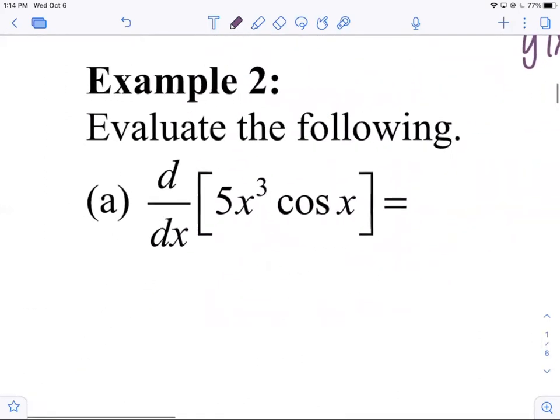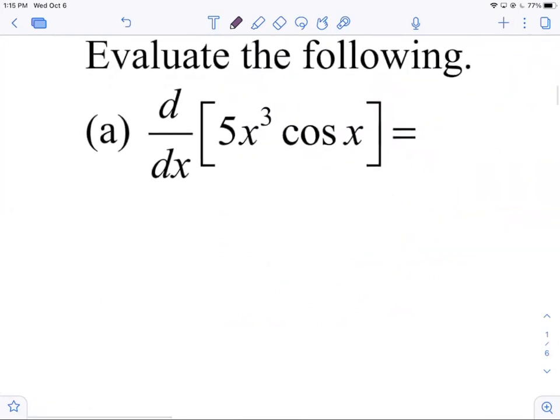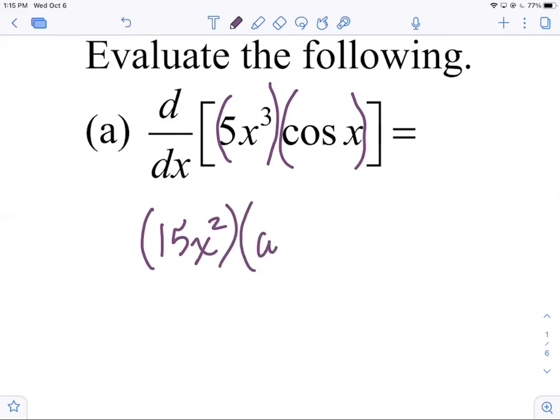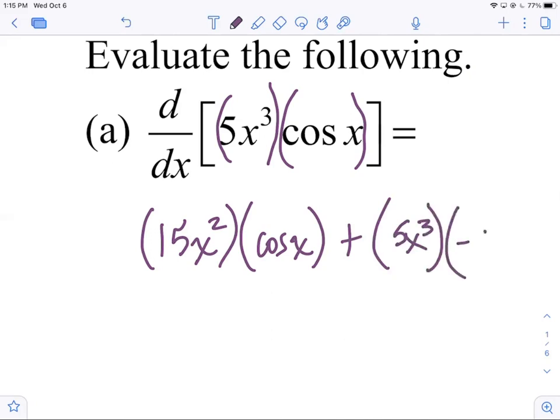All right, go ahead and do example 2 on your own. Ready, set, go. Feel free to use your best friends, parentheses.